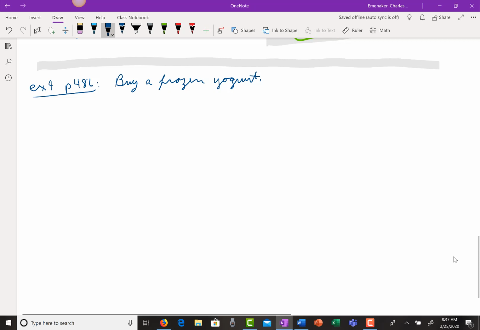Okay, so looking at buying a frozen yogurt franchise, same idea as buying a McDonald's. What we need to know is we need the present value, the accumulated present value of an income stream over an 8-year period.